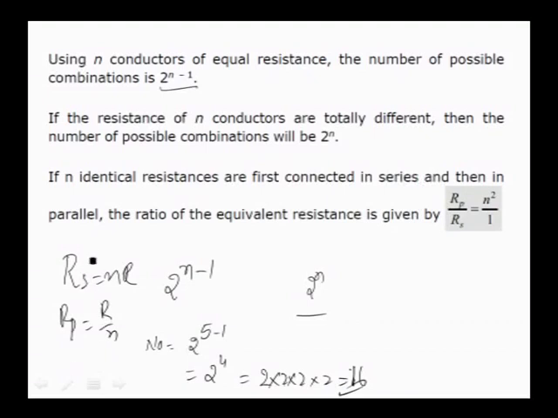If you take the ratio of these two, Rp divided by Rs, Rp is R by n and Rs is nR. Cancelling, we get Rp divided by Rs is equal to 1 by n square.